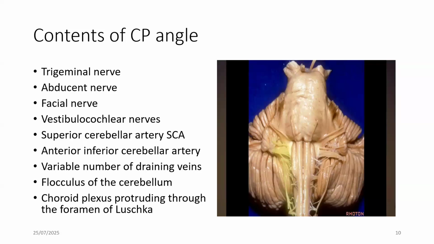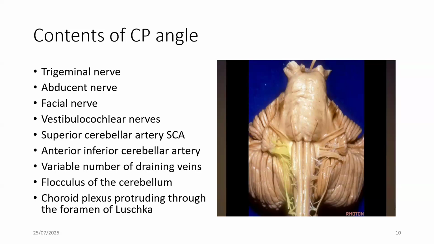And then, there are several contents present in the CP angle. They range from cranial nerve 5 to cranial nerve 11, though the ones that are concerned majorly with CP angle surgery are those located in the middle.